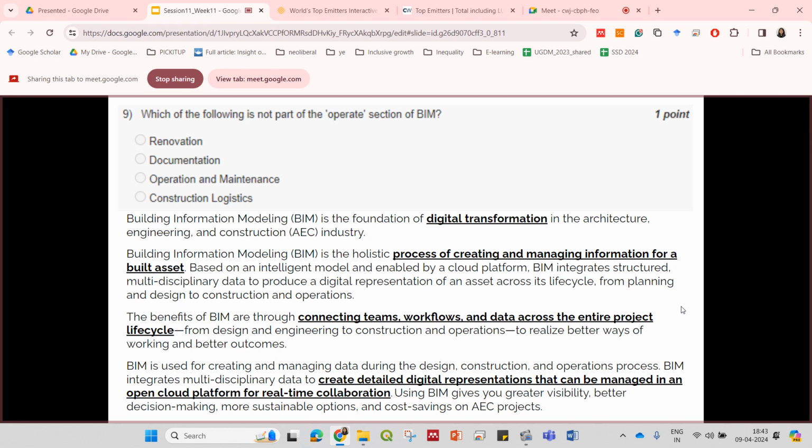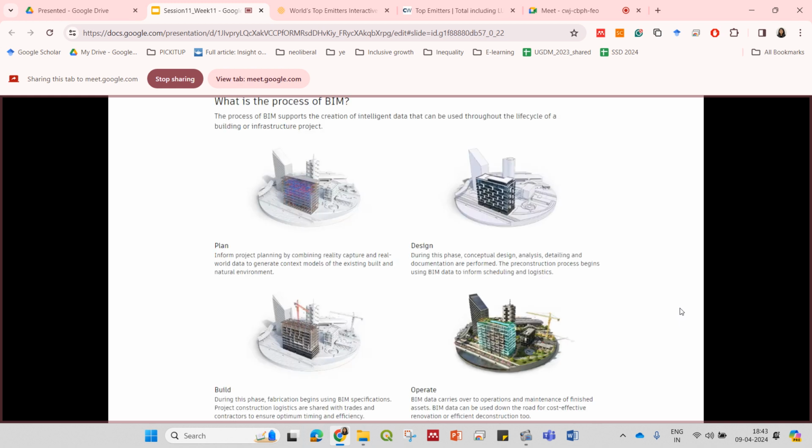And using this, you can get greater visibility of your project, you can do better decision making, and you can also evolve more sustainable options and more cost-effective options in the activities of your AEC project.